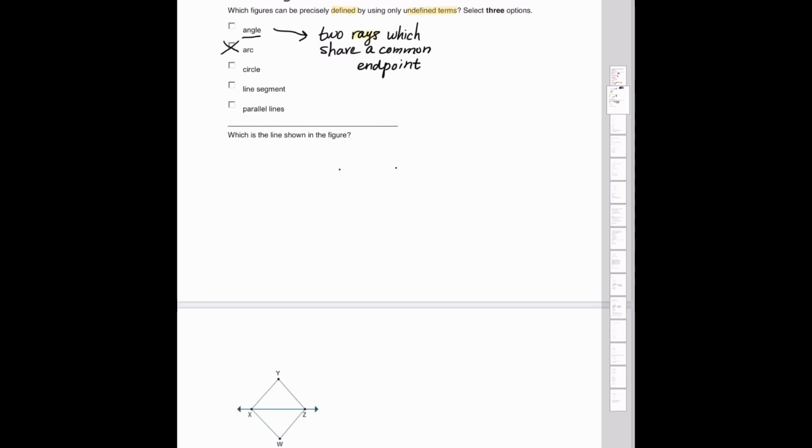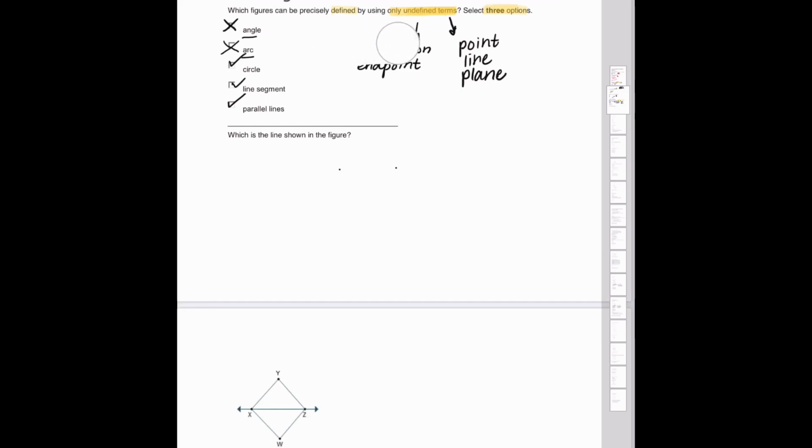Rays is a definable term, which means that that definition does not contain only undefinable terms. Let us remember once again that our undefinable terms are point, line, and plane. Therefore, it's reasonable to conclude that angle is also not the answer. We are being asked to select 3 options. In this instance, we are left with those 3 options.